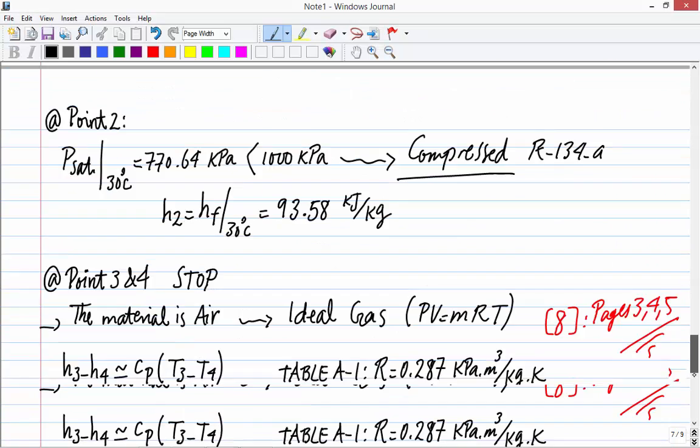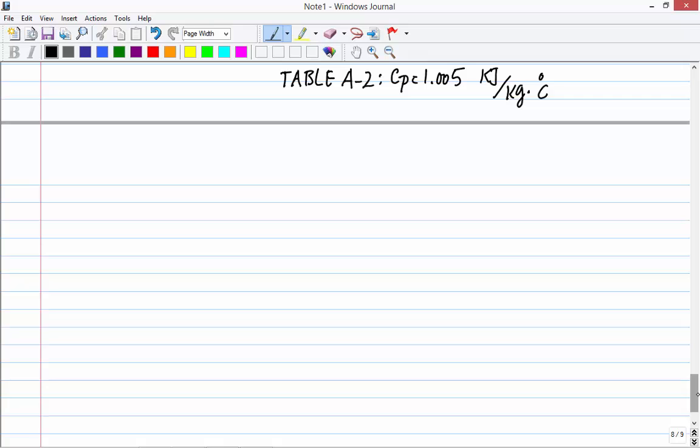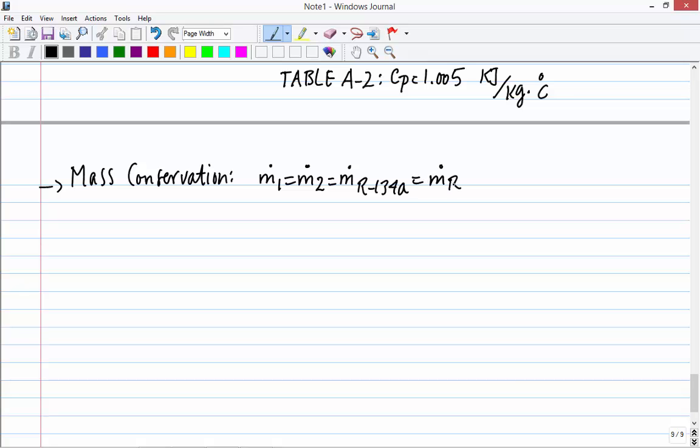So I conclude that according to mass conservation, m dot 1 equals m dot 2, and that is the refrigerant mass flow rate that I'm gonna call m dot sub r. It's a lot easier to write.